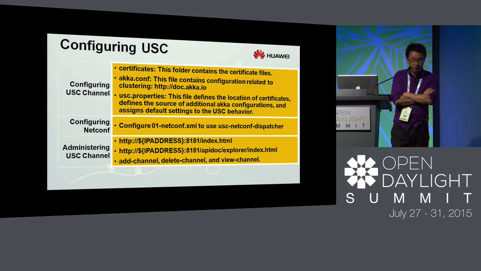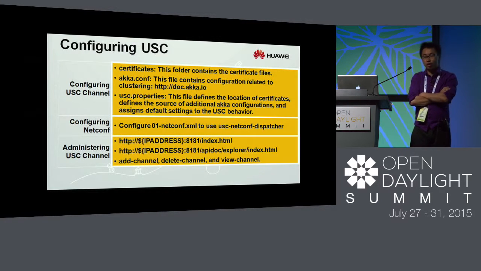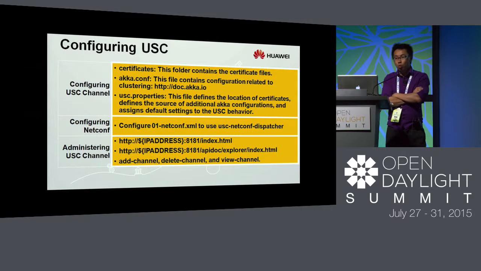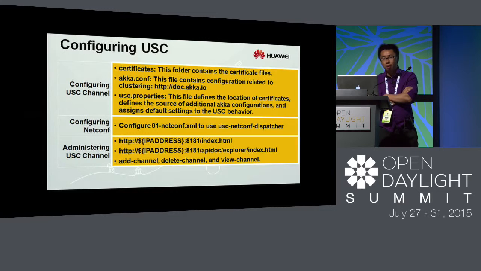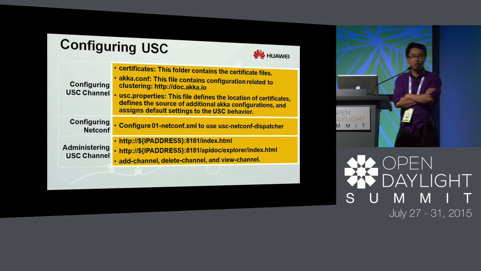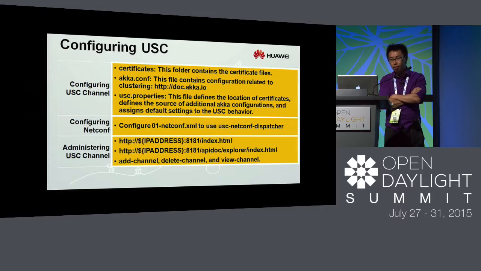Of course, you're going to have to do some configurations for USC to work properly. We have a folder, a certificates folder, inside the ETC folder. And this is where you want to put all of your certificates. And we have an akka conf file where you want to specify your clustering-related properties for southbound clustering.